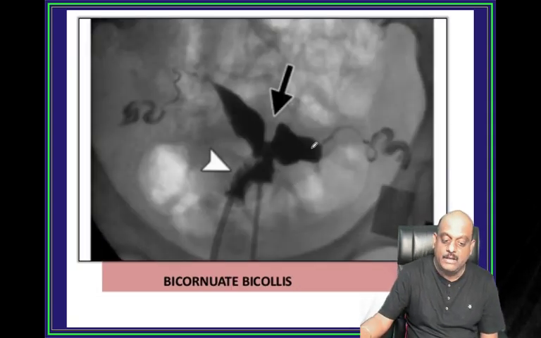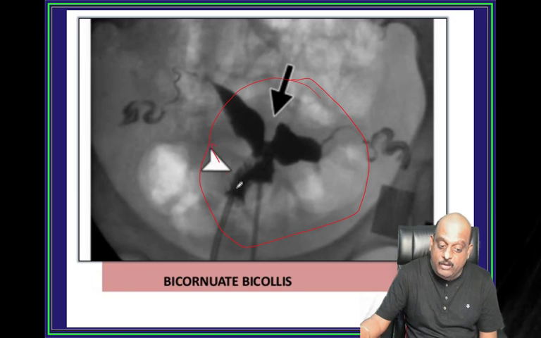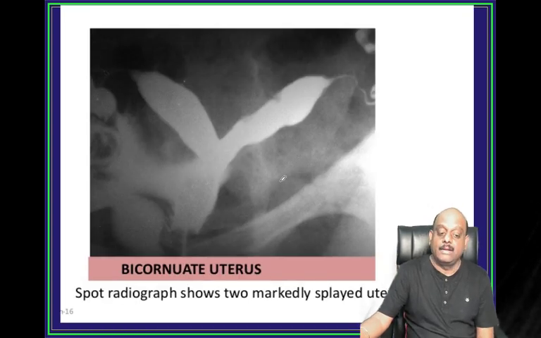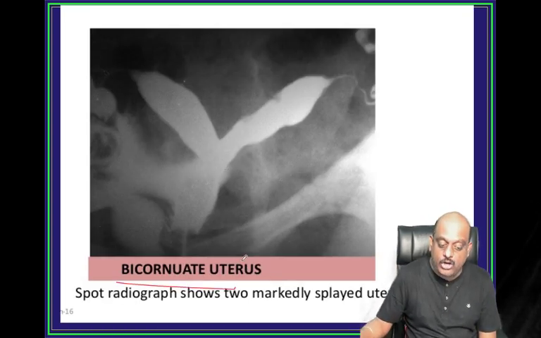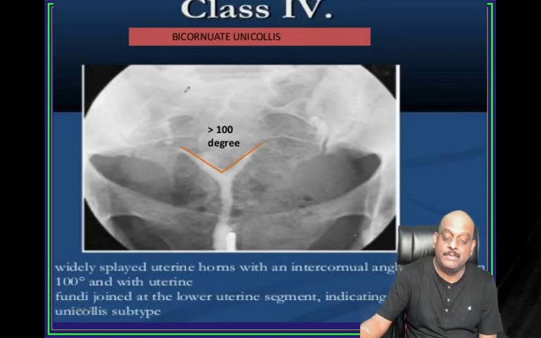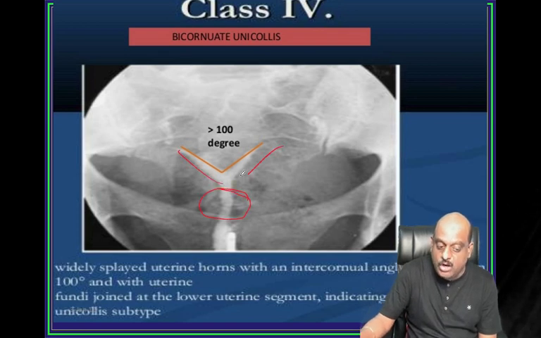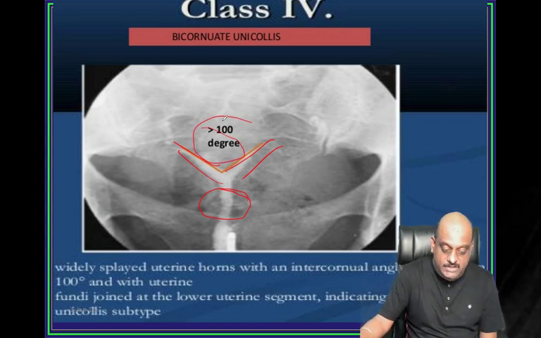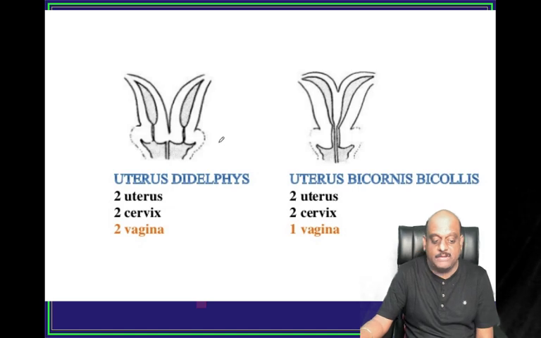This is bicornuate bicollis. There is one cervix here and 2 cornua. This is another example of a bicornuate uterus. Now, when there is a single cervix and 2 cornua, you have a wide splaying of the horns, and the intercornual angle is generally more than 100 degrees.